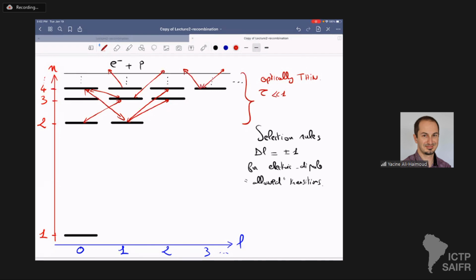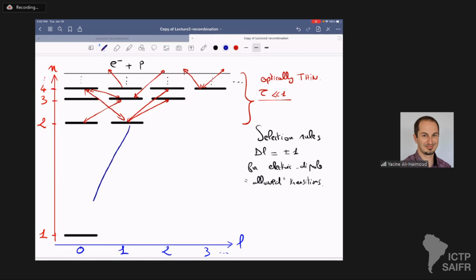And these transitions, by the way, all go both ways. Because they're optically thin, they do not significantly add or subtract photons to the CMB. So the CMB remains a black-body spectrum at the corresponding frequencies.